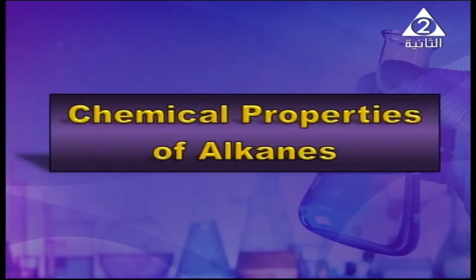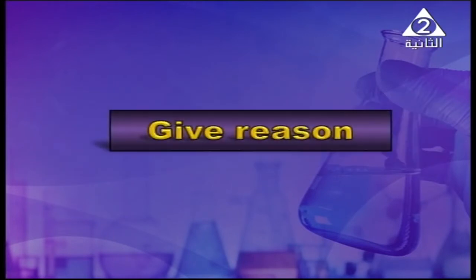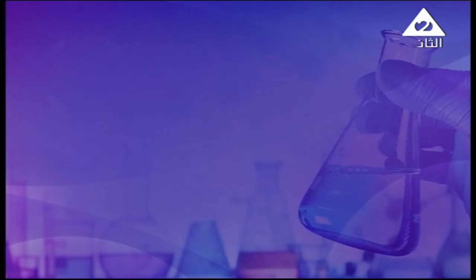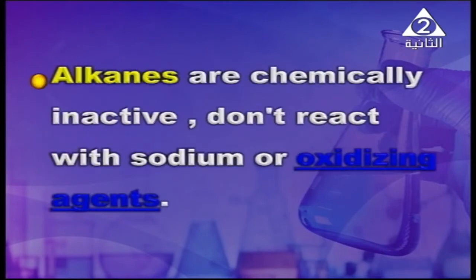Now we are going to discuss the chemical properties of alkanes. We have a give reason in this point. Alkanes are chemically inactive, they don't react with sodium or oxidizing agents.